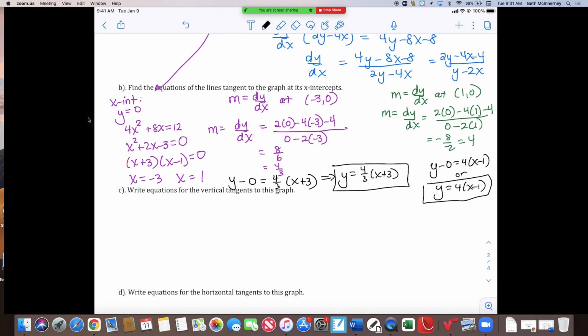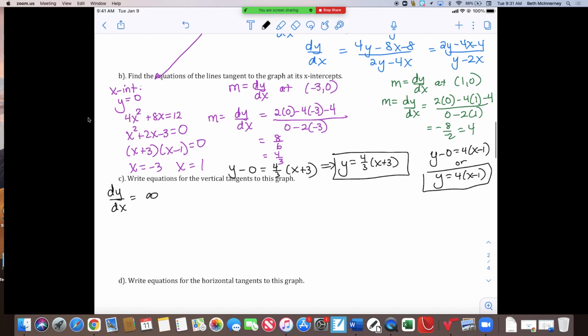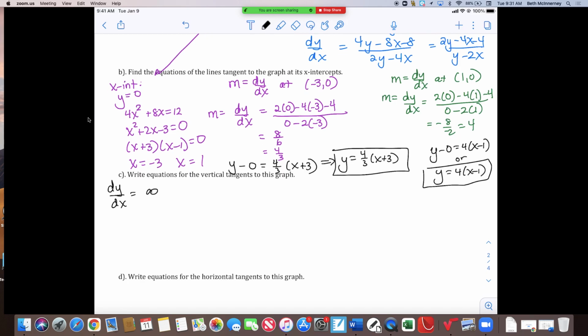So if you have a vertical tangent, the slope is going to infinity or negative infinity. And so what we need is some number divided by 0. So you're going to take that denominator, which was y minus 2x, and set it equal to 0.